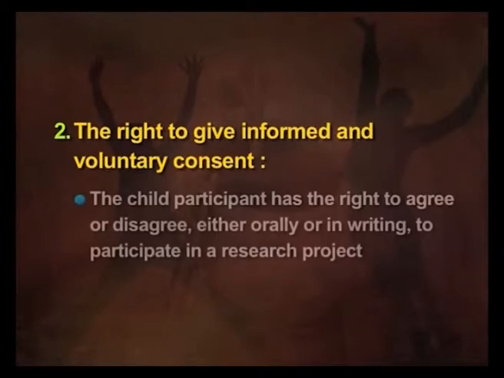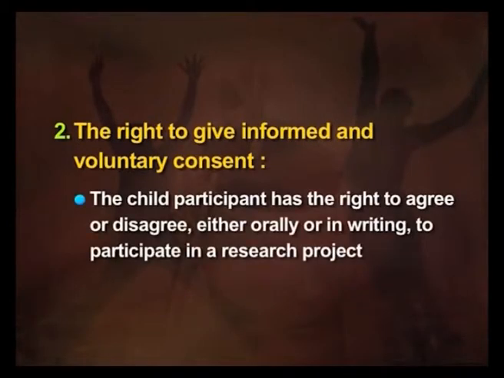Next is the right to give informed and voluntary consent. The child participant has the right to agree or disagree, either orally or in writing, to participate in a research project.